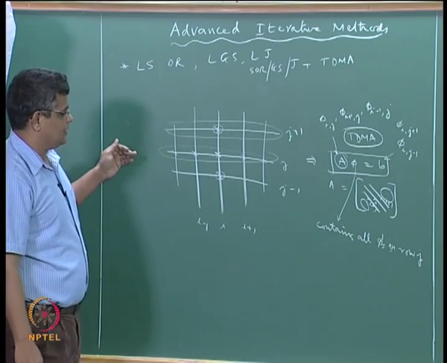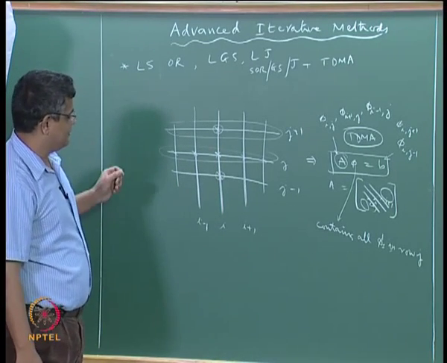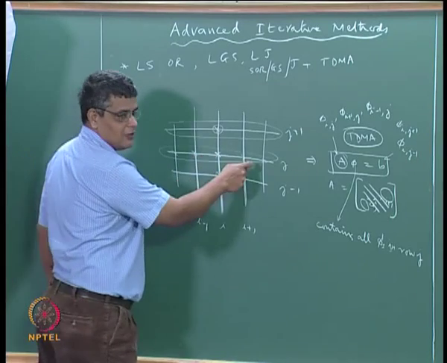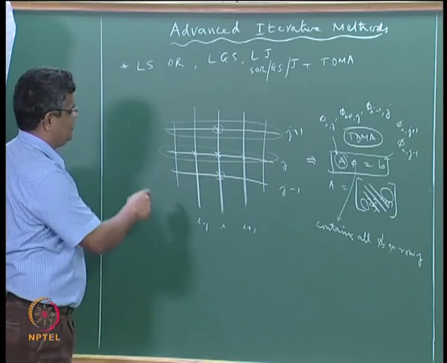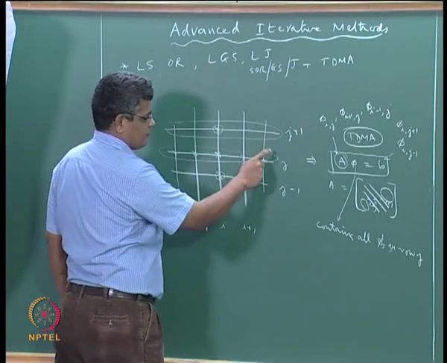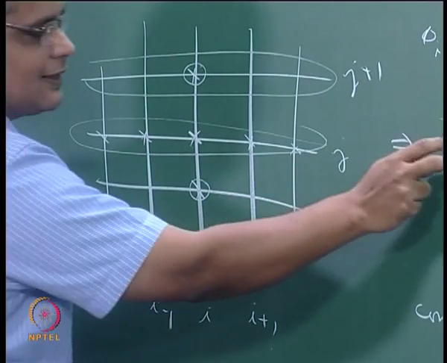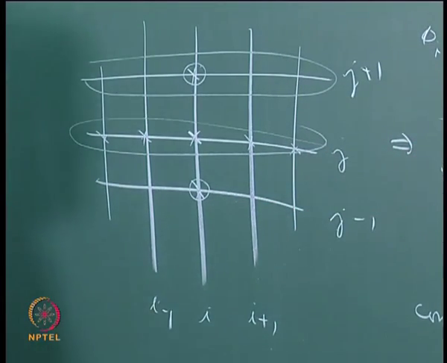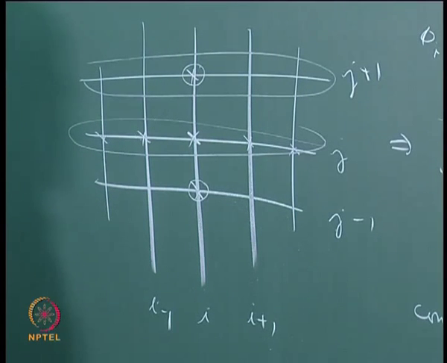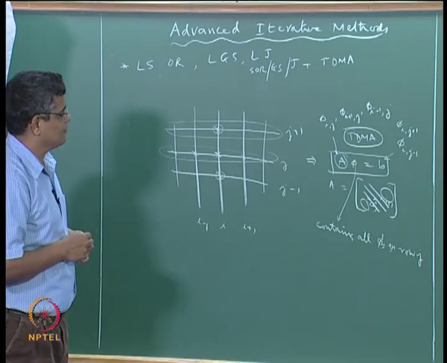So in this particular case we are not doing point by point explicit iteration, we are doing for all the values in a particular row using the tridiagonal matrix algorithm, which we know is an efficient method for the solution of tridiagonal equations.